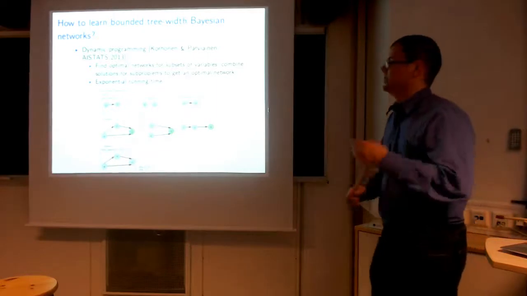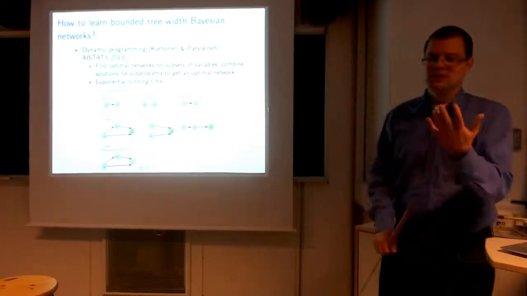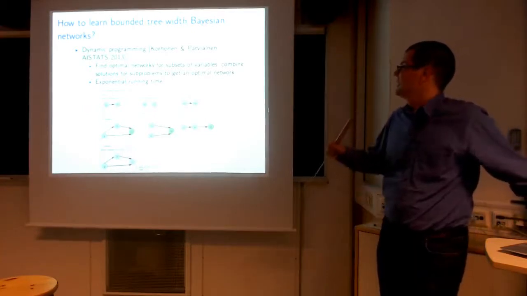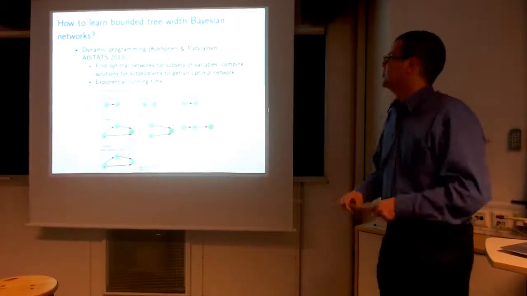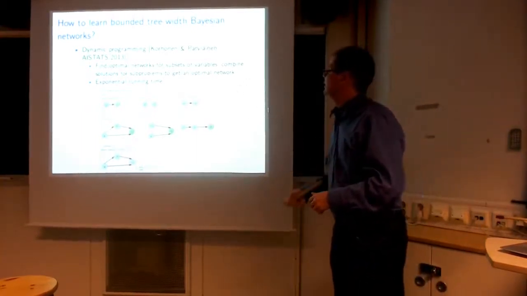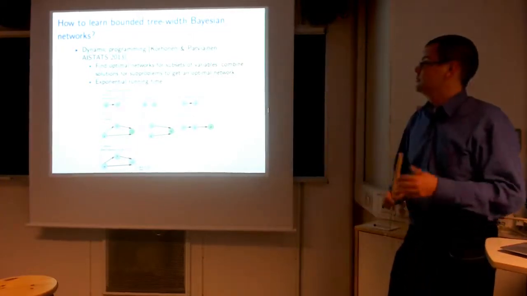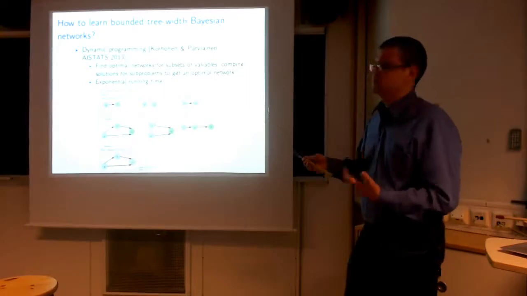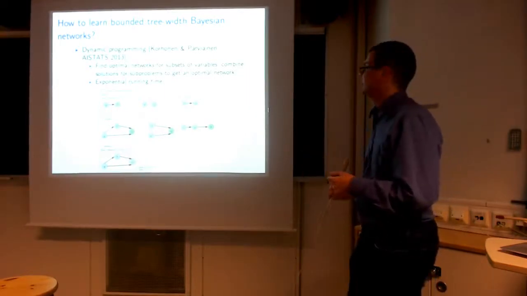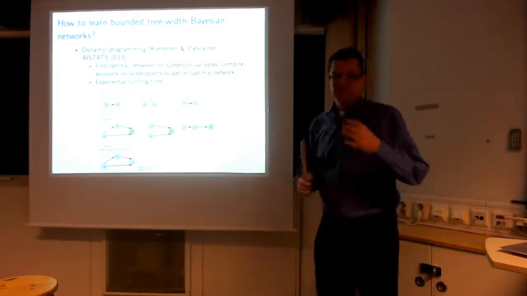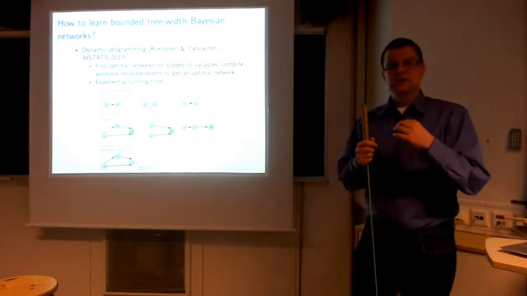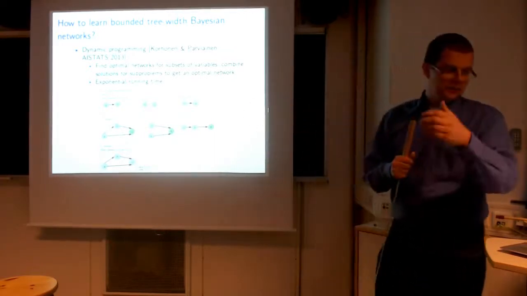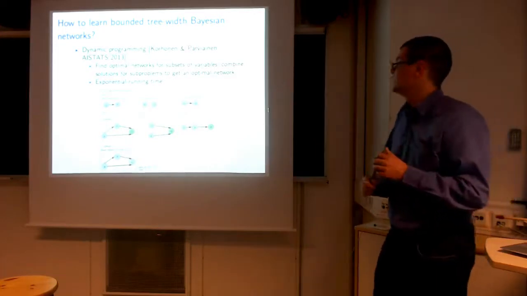As people here know, NP hardness should not prevent you from studying exact algorithms. So we have started here to develop algorithms for this problem. The first approach was to use dynamic programming. We start with networks for subsets of nodes and then grow and learn networks for larger combinations.